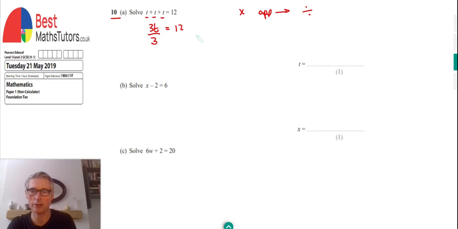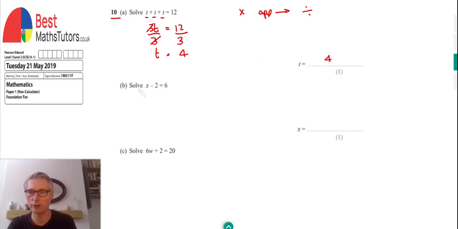That means 3t divided by 3. And because I've done it to that side, I've got to do it to the other side as well. So that 3 is going to disappear there, because multiplying by 3 and dividing by 3 cancel. And so we're left with just t on the left-hand side, and 12 divided by 3 is 4. So that's our answer for part A.